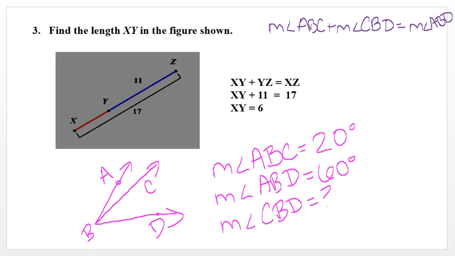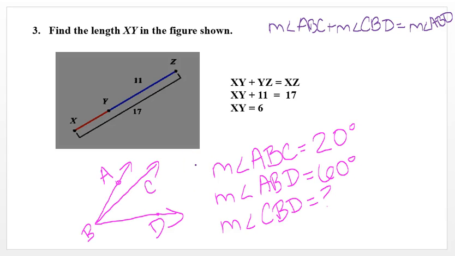All right, so that is the angle addition postulate. It just states that two angles on the inside of a bigger angle, when you add them up, are equal to that bigger angle.